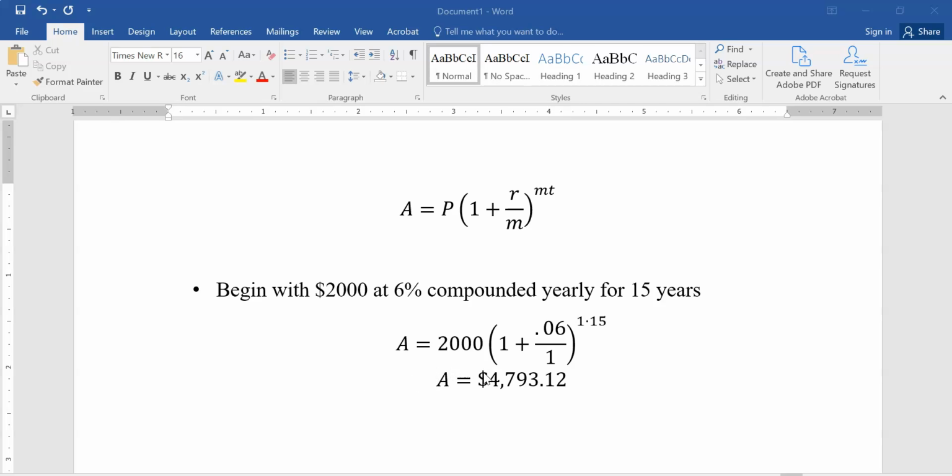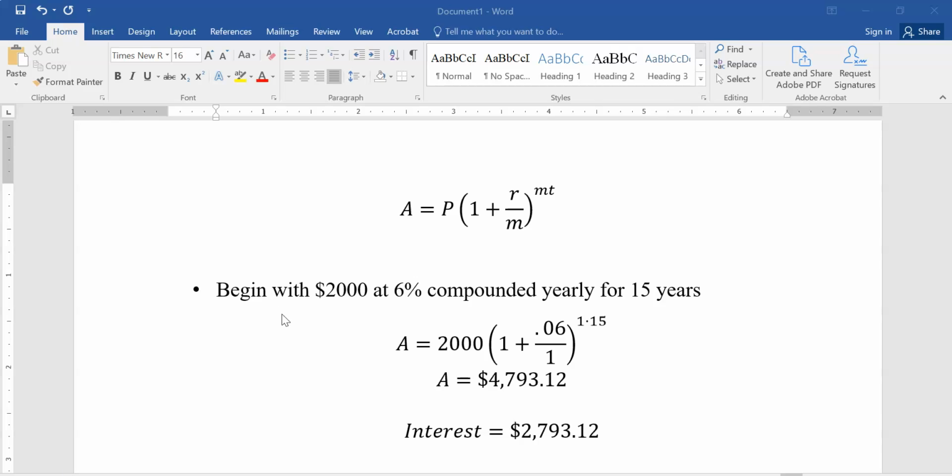And you can do that in your head or via calculator. I did it via calculator. And I ended up with interest gained was $2,793.12. Again, that is the difference between the final amount and the present value.